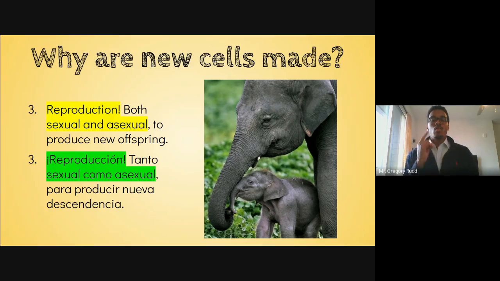Asexual reproduction is when one organism makes a copy of itself. It is genetically identical to the original parent cell. So three reasons, essentially, why new cells are made: replacement, growth, and reproduction.